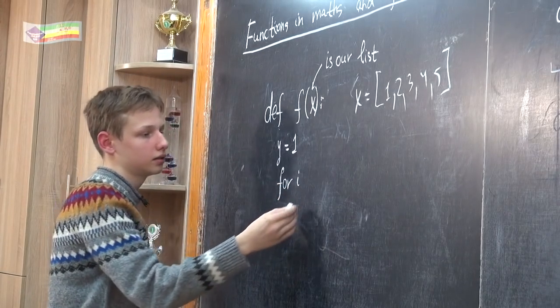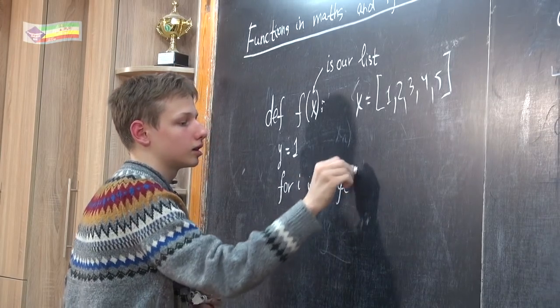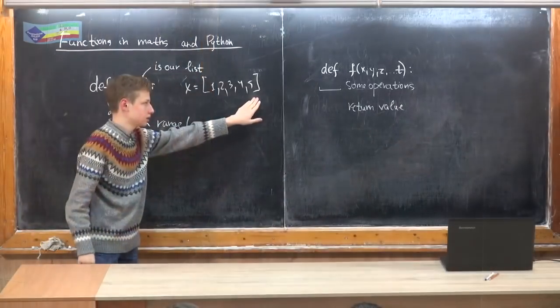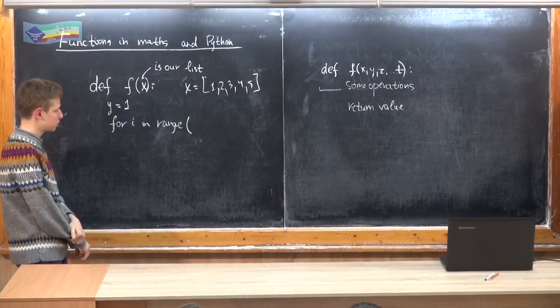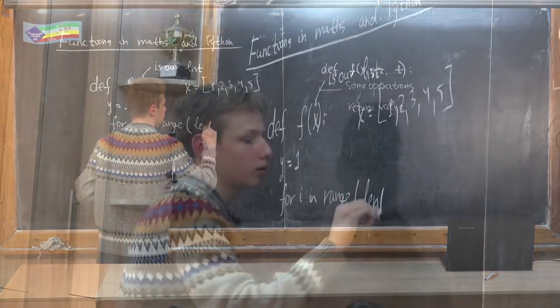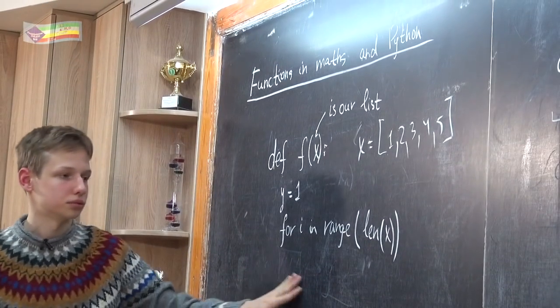So for i in range, and now we need to know how many elements there are, and for that purpose we have the function len. So this is a very common way to loop through our list.